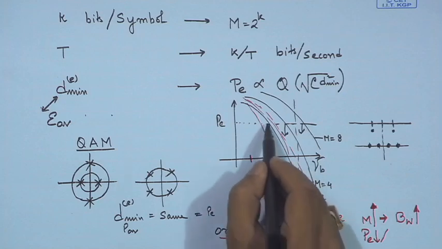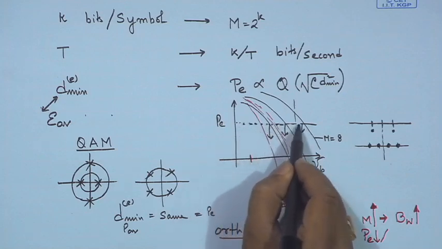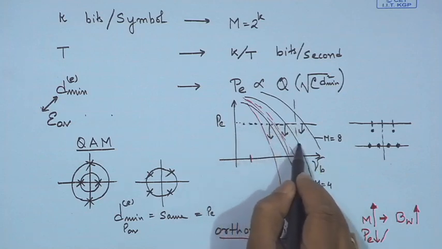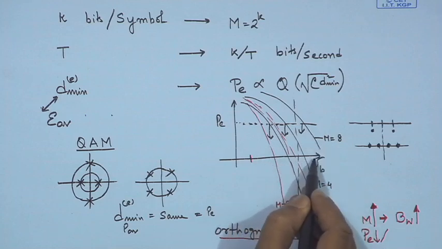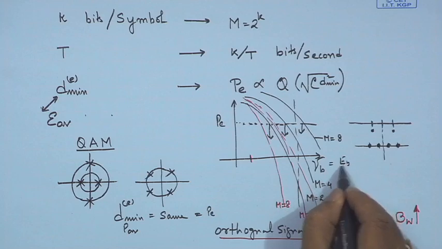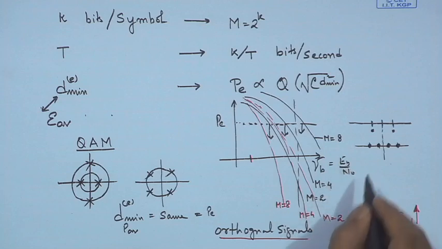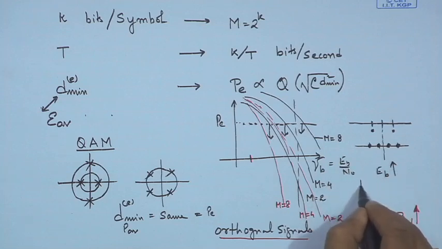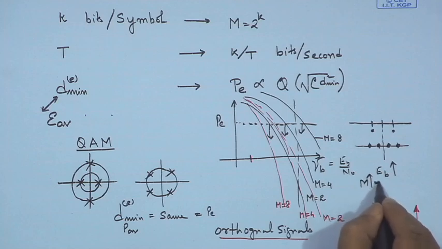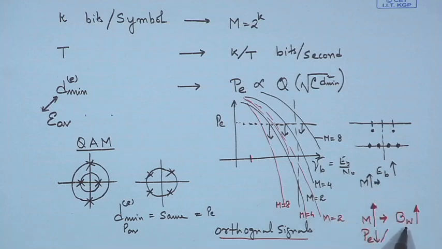That means, if I have to keep the same error probability and have to increase the m value, I have to keep maintaining a higher Eb by N naught. This is Eb by N naught, and since N naught is constant, it is in terms of increasing a higher Eb. So, in one case your requirement on Eb should go up as m increases, in the other case the bandwidth requirement goes up.